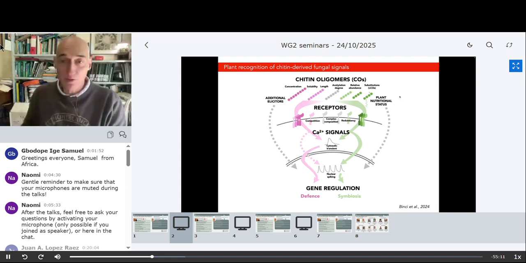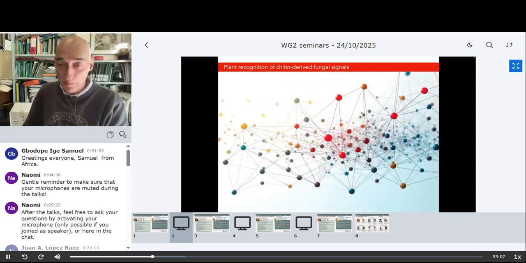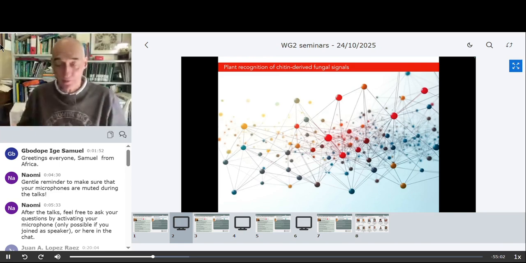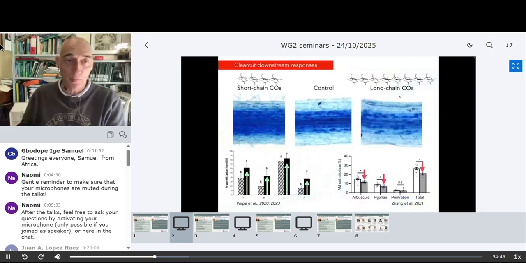So I think you are convinced with me that this is a big, complex situation. Most likely a complex solution that plants and fungi have found to manage a complex problem. And what I want to stress is that this is very complicated for us to understand, but it's apparently not complicated at all for the plants, because as soon as you treat a plant with short chain COs, as you can see here on the left, you have a higher degree of colonization by arbuscular mycorrhizal fungi in the root.